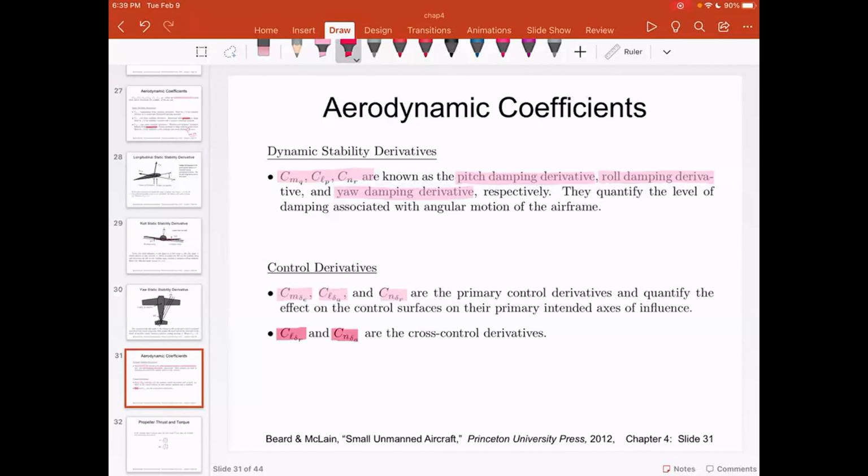So if you look at Cn, it is controlled with aileron deflection. So that's why it is called as cross control. So primary control derivatives are the gradient with respect to primary control surfaces. Cross control derivatives are the gradient with respect to cross control surfaces.